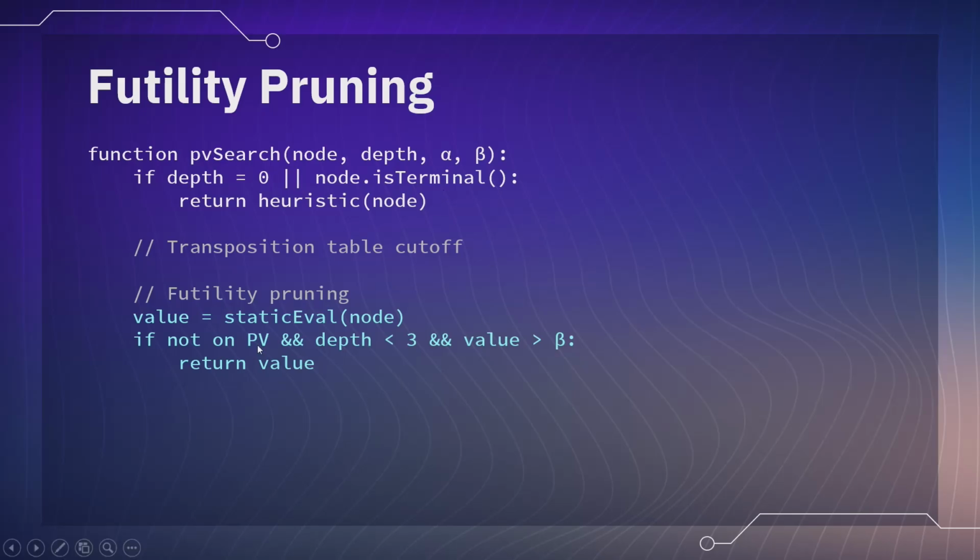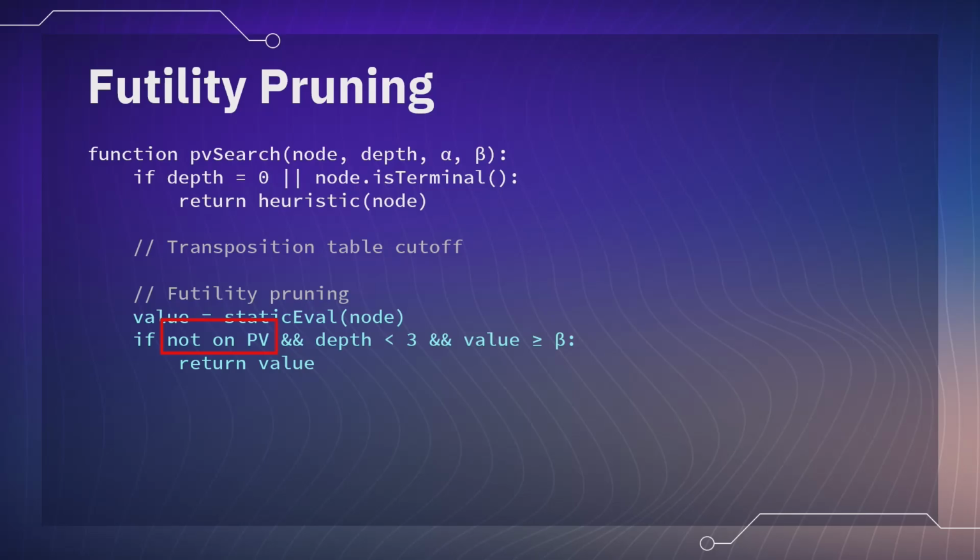With futility pruning, you do some static evaluation. This evaluation isn't exactly the heuristic, but a combination of the heuristic and the transposition table value. So what are the conditions for you to do futility pruning? First, you only do it on non-PV nodes.